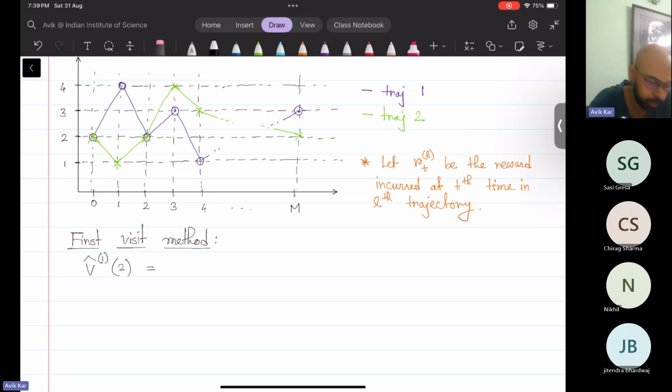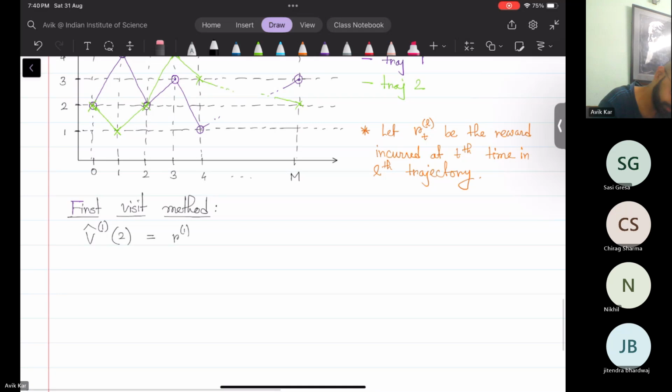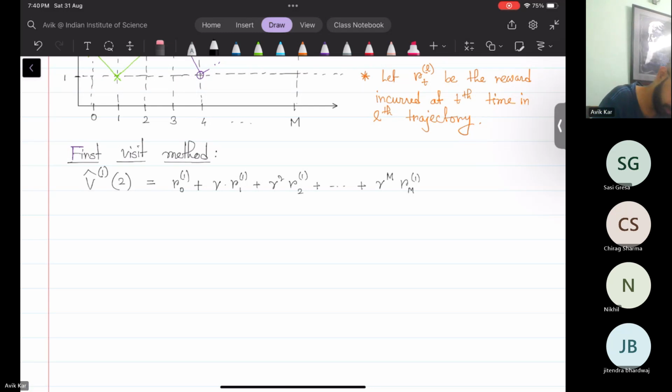It's about the first trajectory always, so it will be R_1,0, and it starts at time 0 because at time 0, state 2 is visited. Since this is gamma discounted, for the next step the reward will be multiplied by gamma: gamma times R_1,1, plus gamma squared times R_1,2, plus so on, plus gamma raised to n times R_1,n. Now someone please tell me what V hat 1, 1 will be.